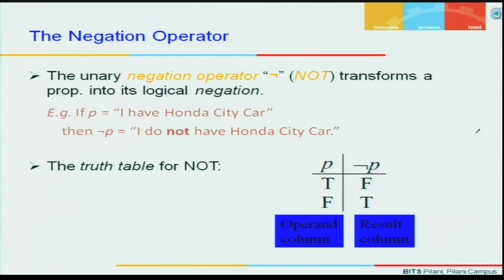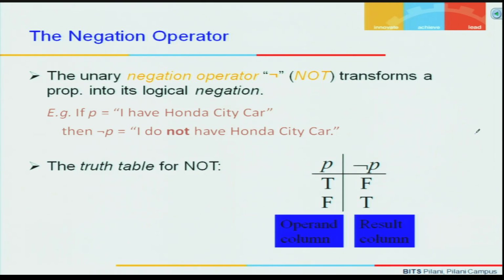What I mean by that is, if I have a proposition P: I have a Honda City car, when this unary operator, the negation operator, acts upon this proposition P, the result I get is: I don't have a Honda City car.